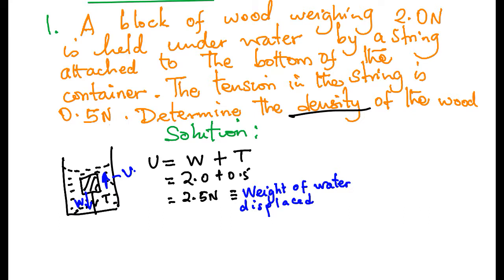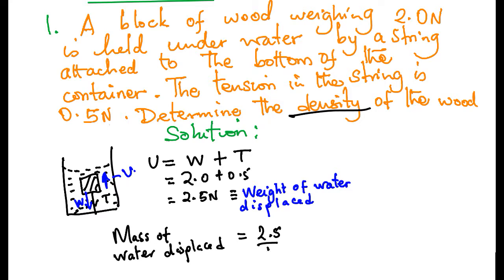Therefore, the mass of water displaced is equivalent to 2.5 over 10, since weight is equal to mg, and this is equal to 0.25 kilograms.